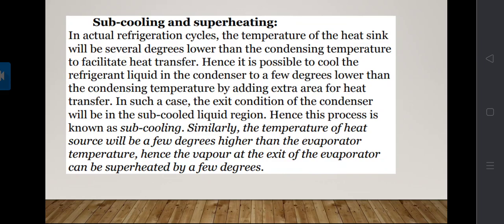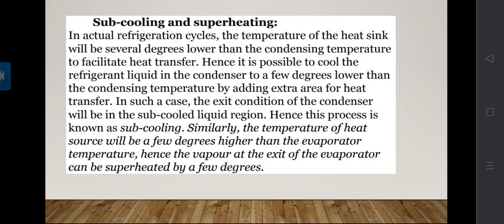So it is necessary to increase the temperature of the refrigerant vapor above the saturation temperature in the evaporator, and that process is called superheating. In an actual refrigeration cycle, the temperature of the heat sink will be several degrees lower than the condensing temperature to facilitate heat transfer.